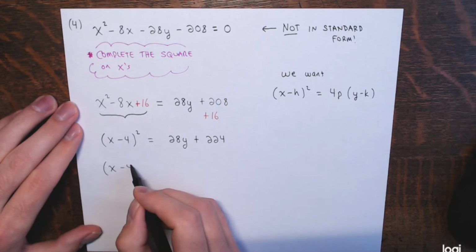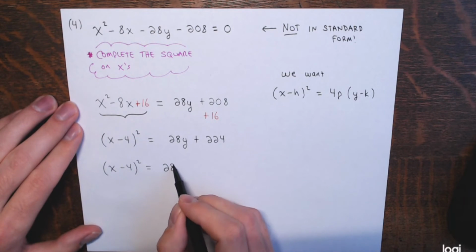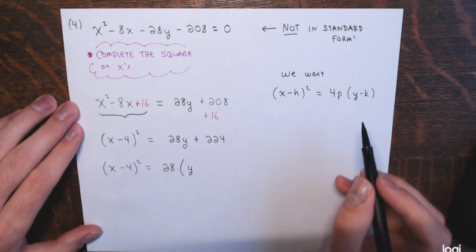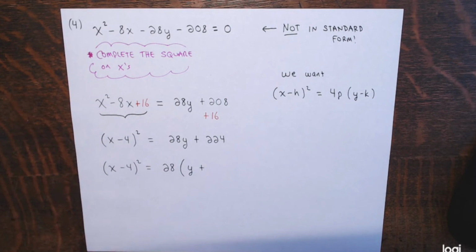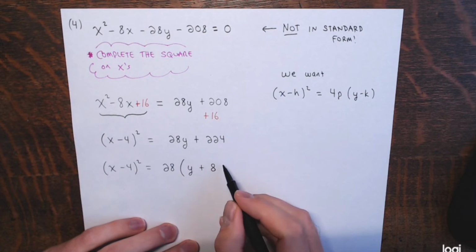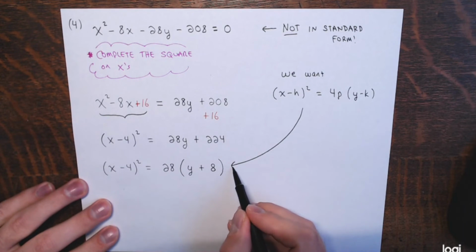So I have x minus 4 squared equals, and then when I factor out 28, right, you'll get your 1y, right, like up here, plus, and then 28, well, 28 times 10 is 280, and then I would need 56, two of these, so 28 times 8 would be 224, right, 160 plus 64. So 28 times the quantity y plus 8. Now we have the equation in standard form.